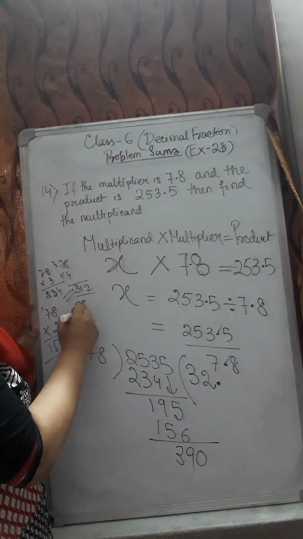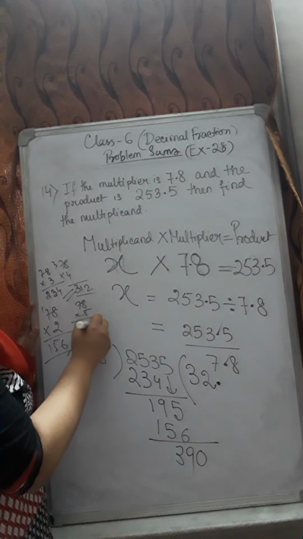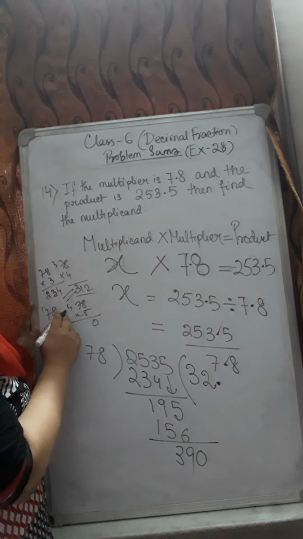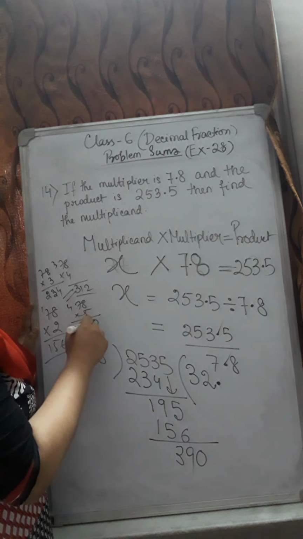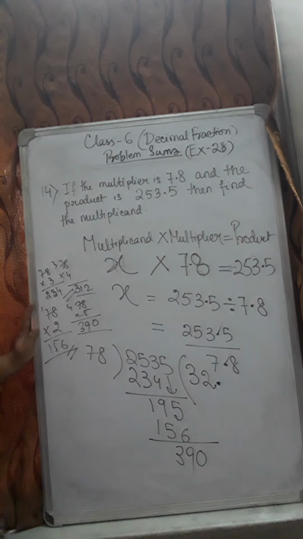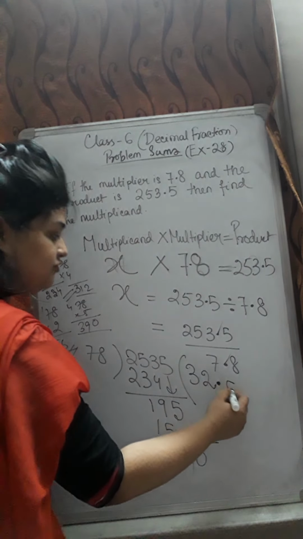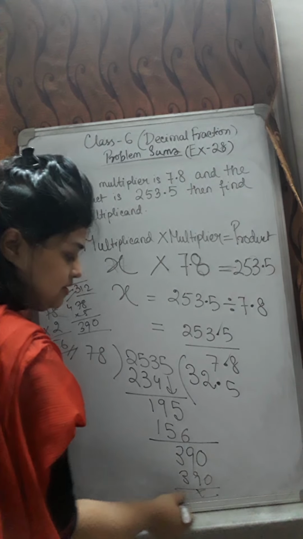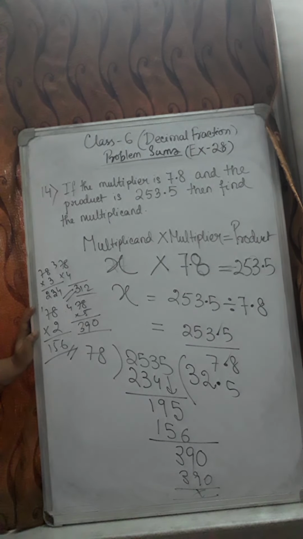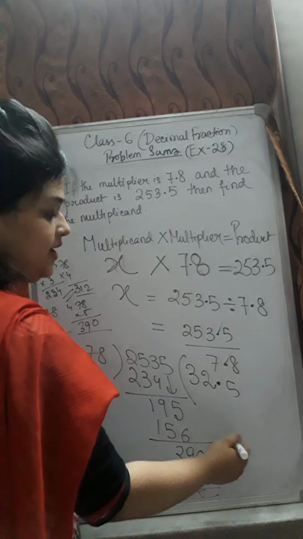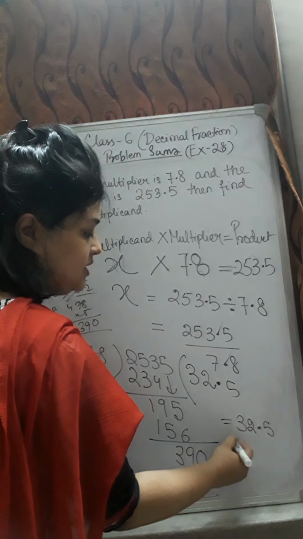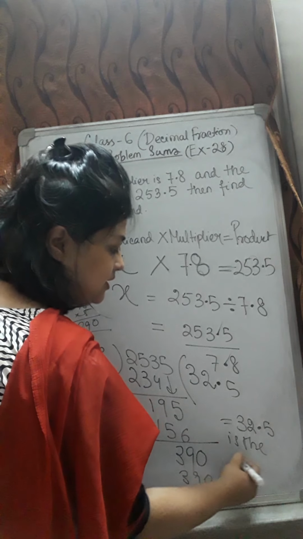And 78 into 5: 5 8s are 40, 5 7s are 35, plus 4, so it exactly divides the number. 78 5s are 390. So no remainder, exactly divided. So 32.5 is the answer. So 32.5 is the multiplicand.